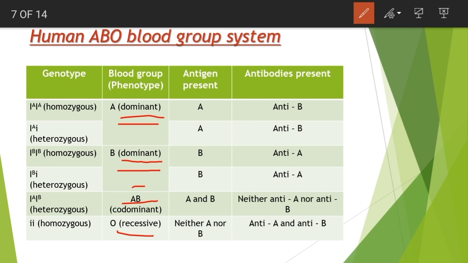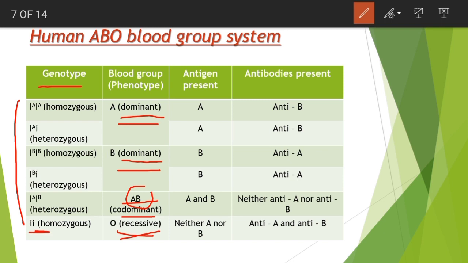When there is expression of AB, it is codominant in nature, and O is recessive in nature. That is, when there are two small i only, then the O blood group will be expressed. So on the basis of that, there are 6 kinds of genotypes present on the basis of the 4 types of phenotypes.